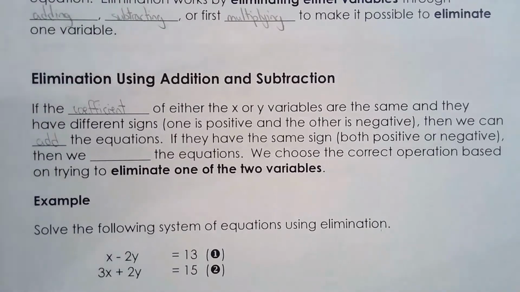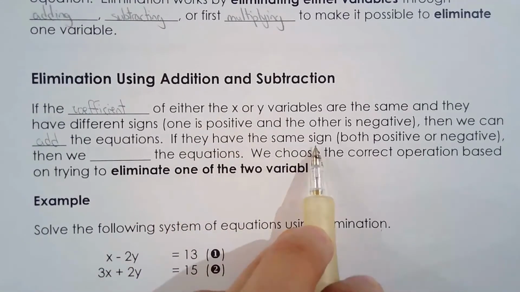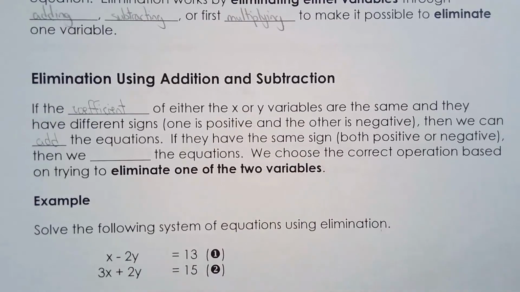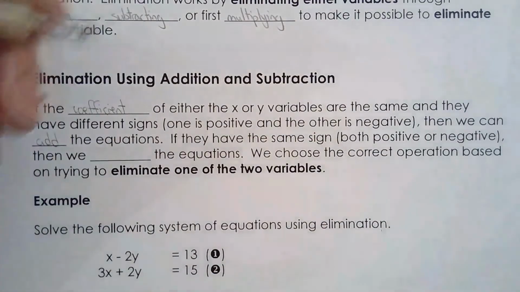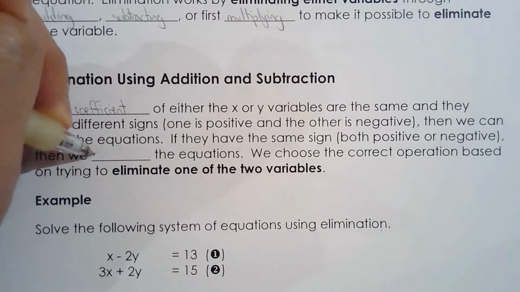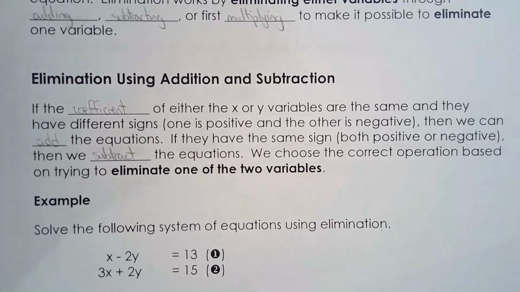Just like what you saw when you worked with substitution, after you perform the substitution, you have one variable left over. So we're basically trying to do the same thing. You want one variable left over, but instead of substitution, you're eliminating. If they have the same sign, so the coefficients are exactly the same sign, both positive or both negative, then what we can do is subtract the equations, and that will reach the same goal.